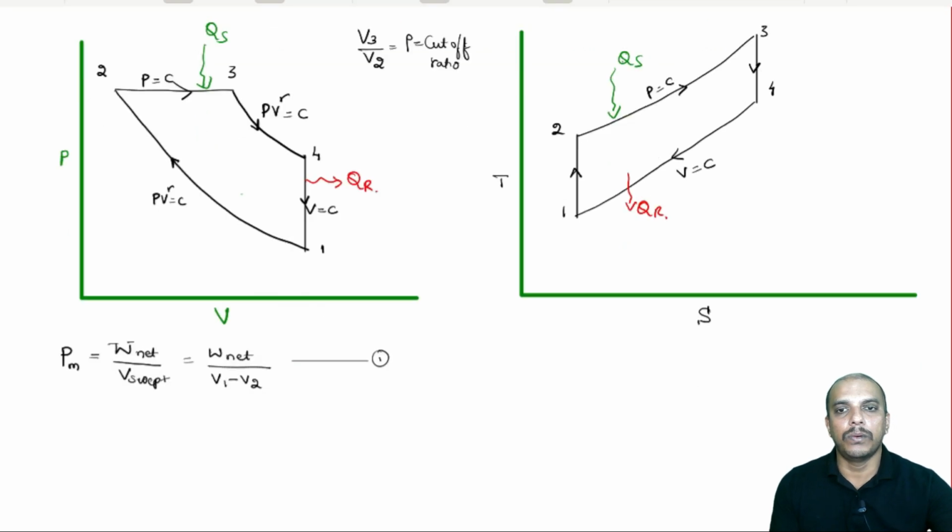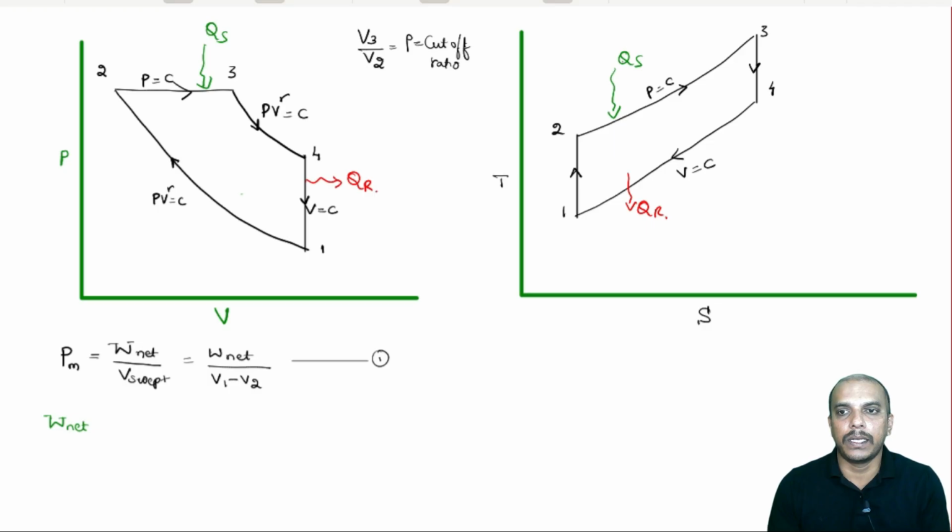Now, I will take only the numerator W net and try to get an expression for it, and then we will come back to equation 1 later. If you look at the PV diagram, we have work for 1 to 2, 2 to 3, 3 to 4 and 4 to 1.